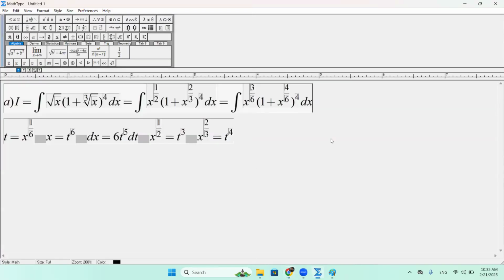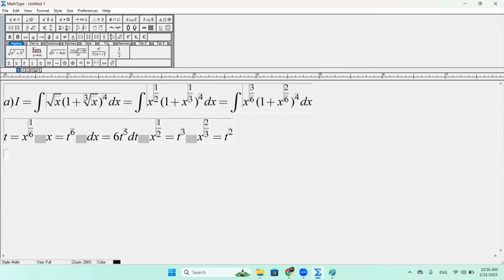Why x in power of 2/3? The numerator is the one probably. Yes, so now everything is correct.